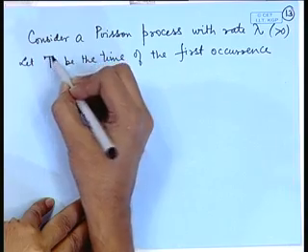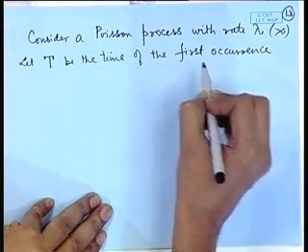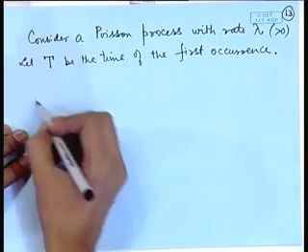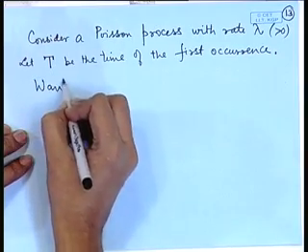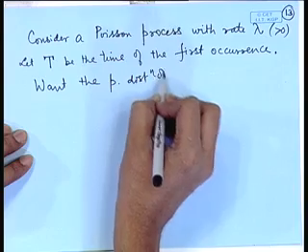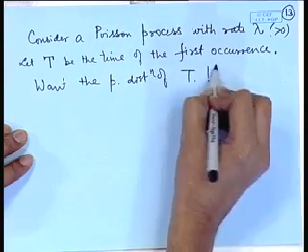So, if we consider T as the time of the first occurrence from the time when we start observing, then T is a continuous random variable because it is the time. So, we want the probability distribution of T. What is the distribution of T?